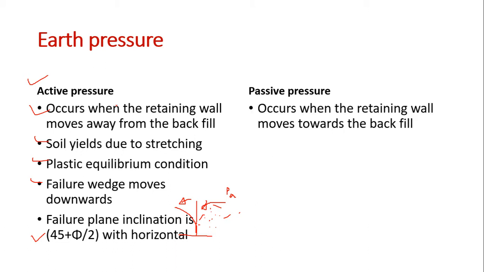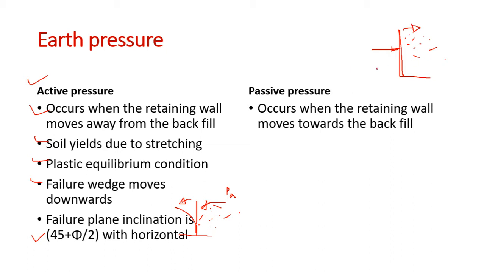Then we have the passive earth pressure. It occurs when the retaining wall moves towards the backfill. Suppose this is the retaining wall and this is the backfill soil, and the wall is moving towards this backfill.